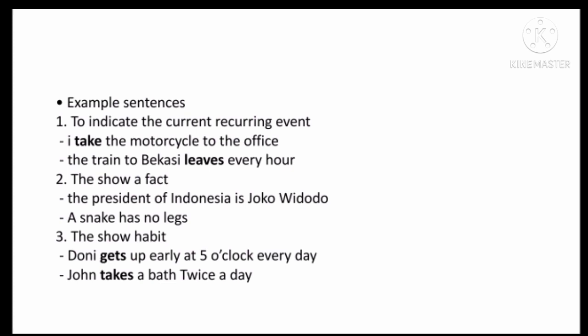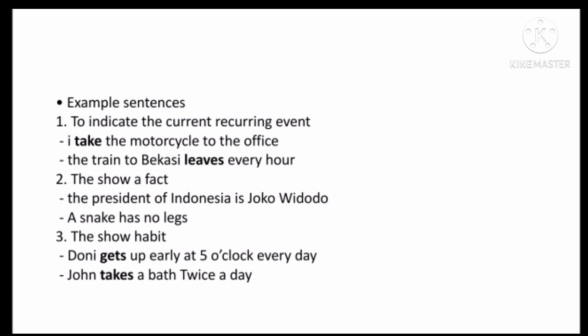Functions of the simple present tense and example sentences. Number 1. To indicate a current recurring event. Example: I take the motorcycle to the office. The train to Bekasi leaves every hour. 2.